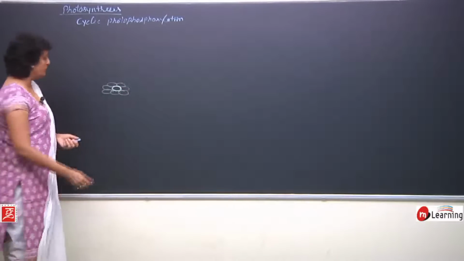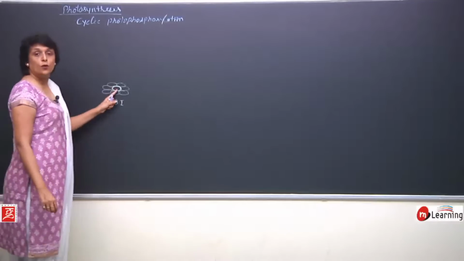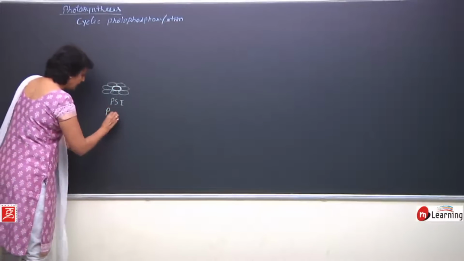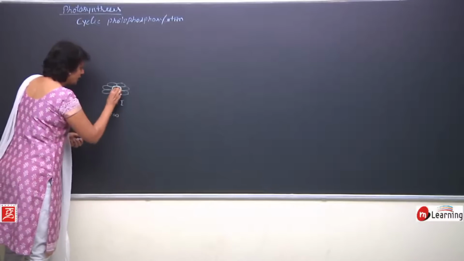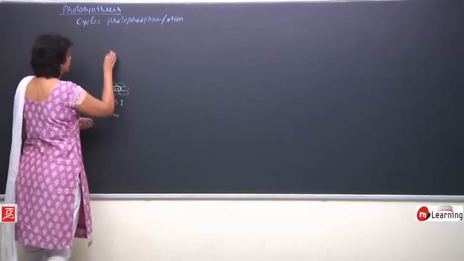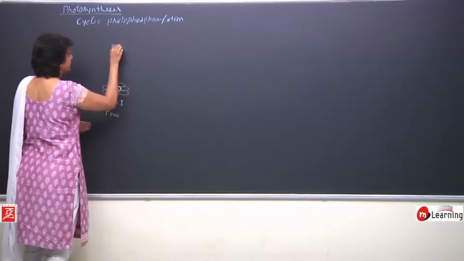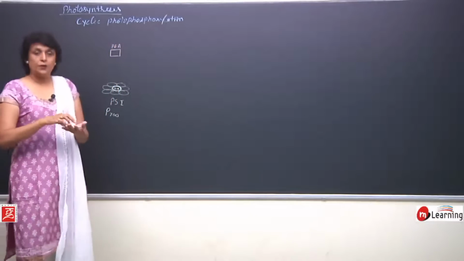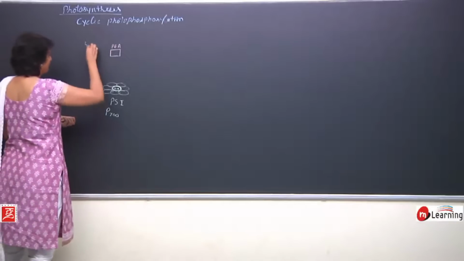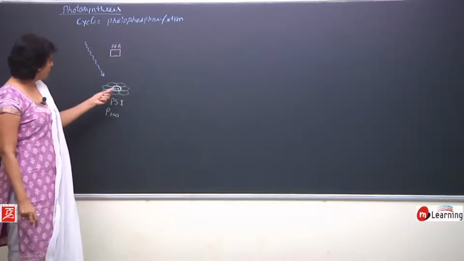The photosystem which participates is PS1. That means the reaction center chlorophyll A is P700. So, here is chlorophyll A. This photosystem also has its primary electron acceptor. Now, the reaction starts the same way, that is the solar energy falls on these pigment molecules.